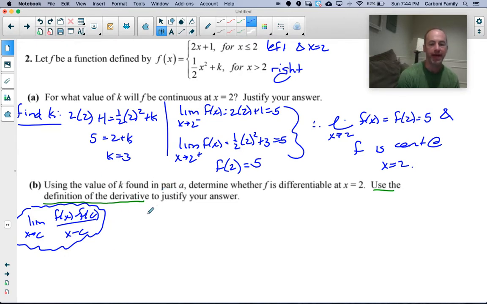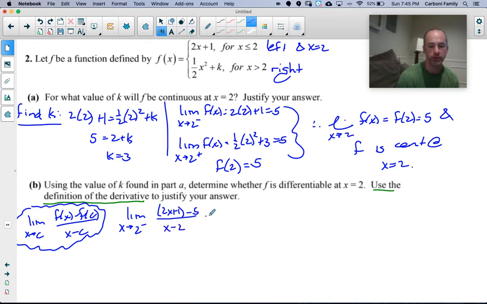So I'm going to have to look at the left side first, the limit as x approaches 2 from the left side of f of x minus f of 2. And if I'm doing the left side, it's that top equation, so it'll be 2x plus 1 minus f of 2, which we've already established is 5, all over x minus 2.